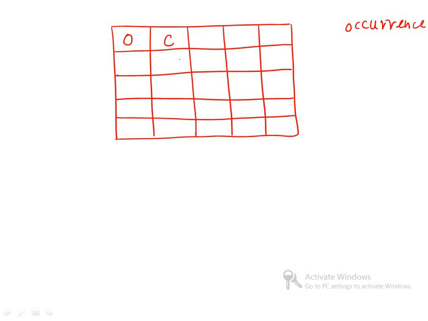We don't need that. So the next entry is U, then R. The next R again we are going to omit because it is repeating. Then E, N.